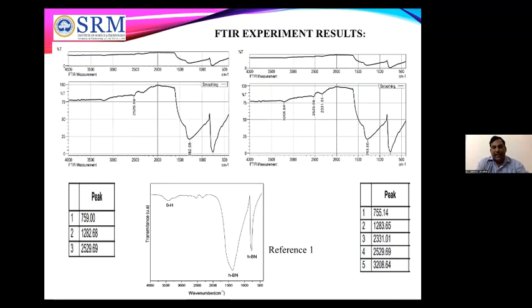So further, an FTIR experiment we can perform to check whether any other chemical bond is formed or not. So this also ensures that there is no formation of any chemical bond after ball milling and before ball milling. Both the structures are more or less the same.